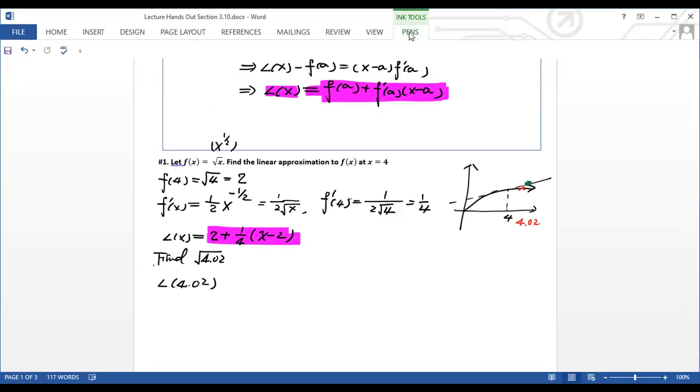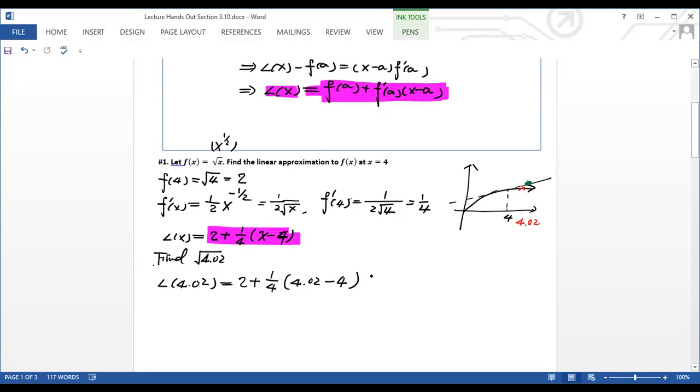So I say L of 4.02 is equal to 2 plus 1/4 times 4.02 minus, I'm sorry, this is minus 4. It's x minus a, so it's 4.02 minus 4 here.